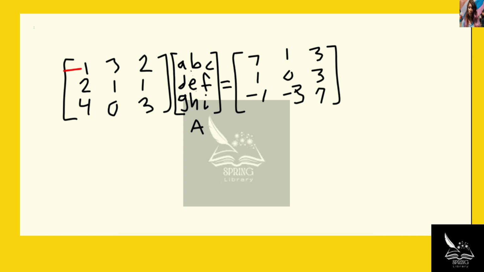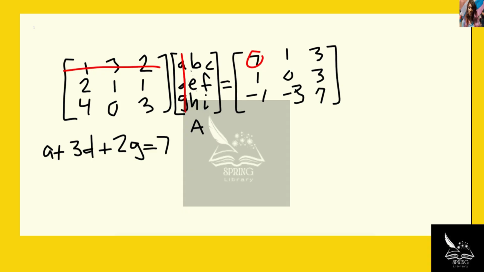So we can multiply row by column to equal that and repeat and repeat and repeat. And you'll get three systems of equations. So for example, with this first one, you get A plus 3D plus 2G equals 7.